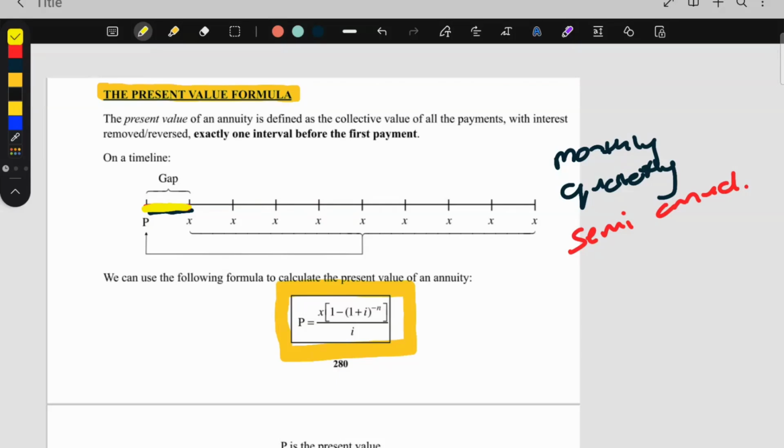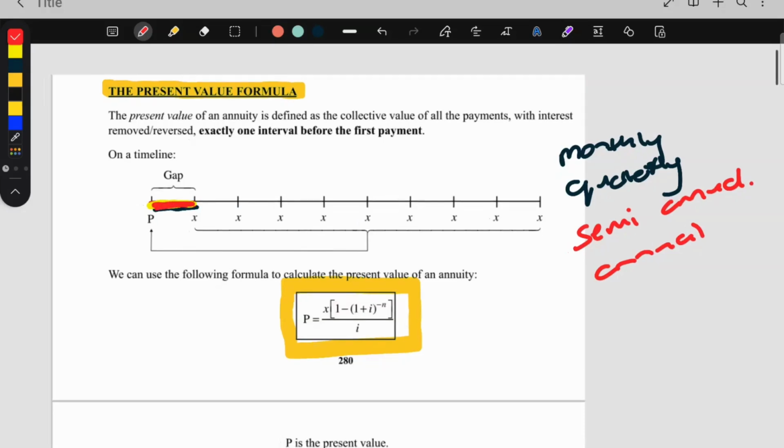So let's say you make half-yearly payments, then the question must say your first payment is 6 months after you took out the loan. And if you make annual payments, because that's also a regular payment, then this gap over here is 1 year after you take out the loan. Whenever this is the case, you just substitute into the P formula.